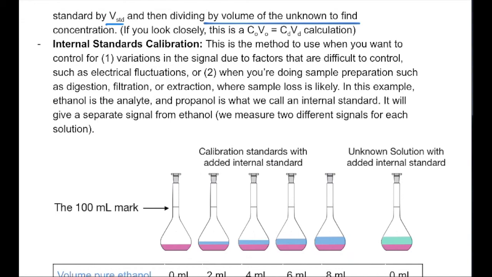Now, if you think about this, this is really a CO-VO equals CD-VD calculation, where CO is the concentration of the standard, VO is the volume that we get from the calibration curve, VD is the volume of the unknown that was put into our sample, and CD is what we're going to be solving for.